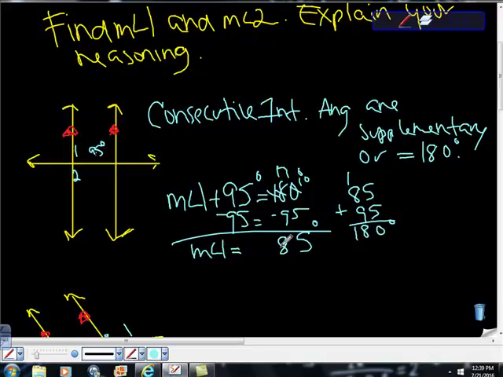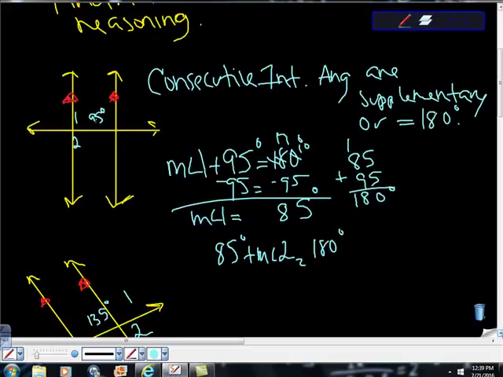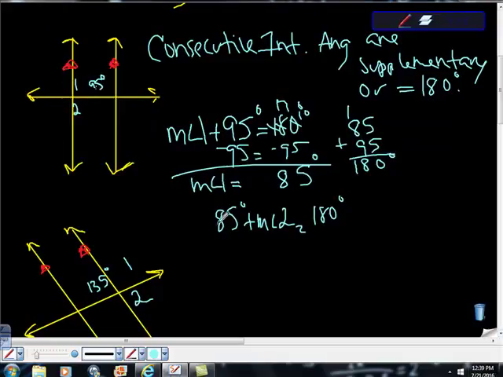We know that the measure of angle 1 is 85, so we can say 85 degrees plus the measure of angle 2 equals 180. So subtract 85 from both sides to get the measure of angle 2 on its own.